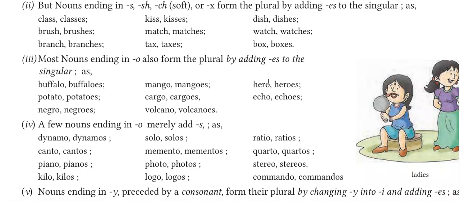Then hero, heroes, echo, echoes, volcano, volcanoes. You have to keep these in your minds. The rules are quite simple. There is no logic. We just have to remember the rules and apply them according to the nouns we have.